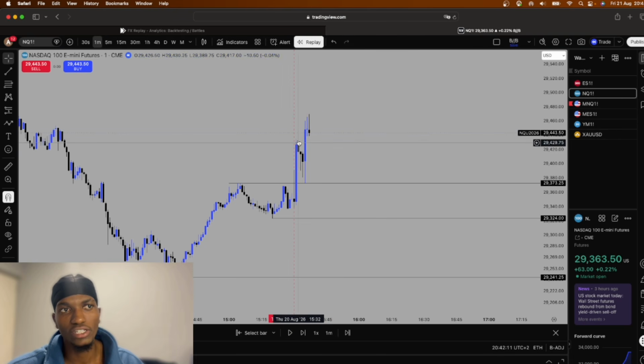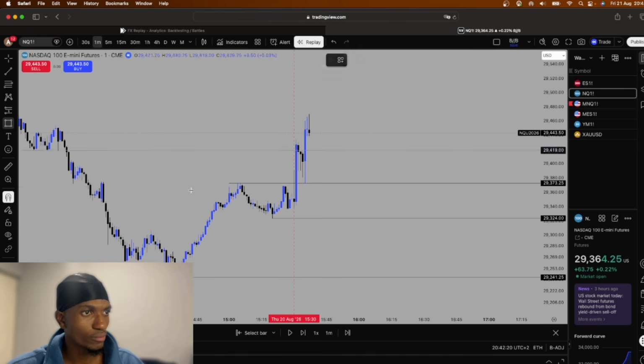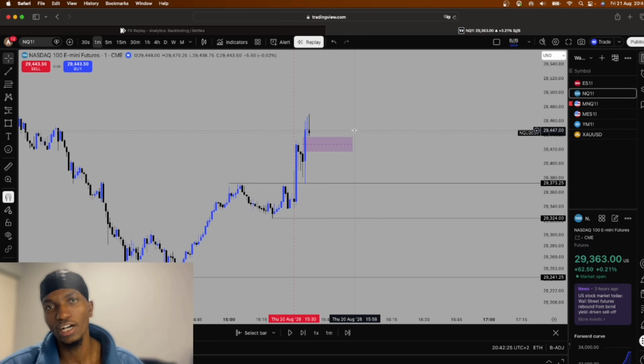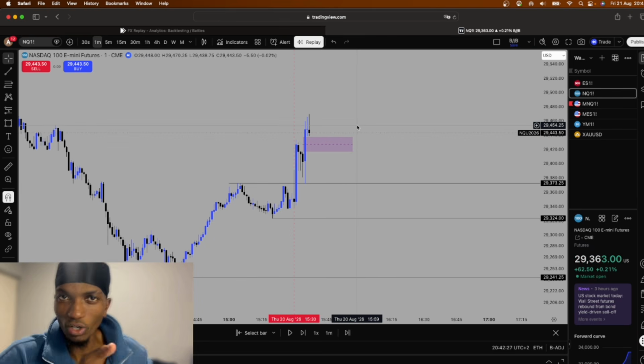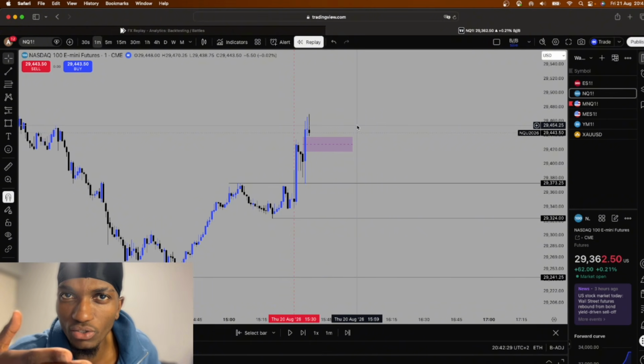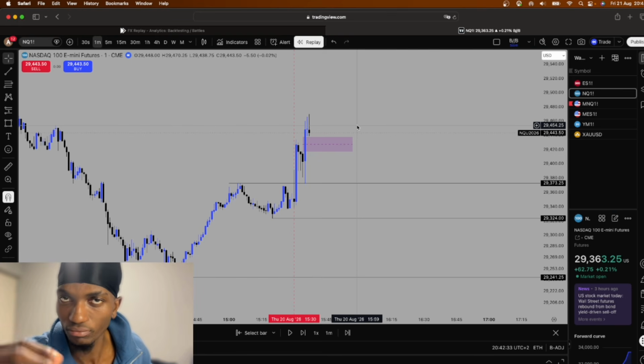Another manipulation of this high, right? Or a sweep of this high, liquidity sweep. So what do we have after that liquidity sweep? A fair value gap. Now remember what we're looking for: a manipulation to either direction and a change in market structure.